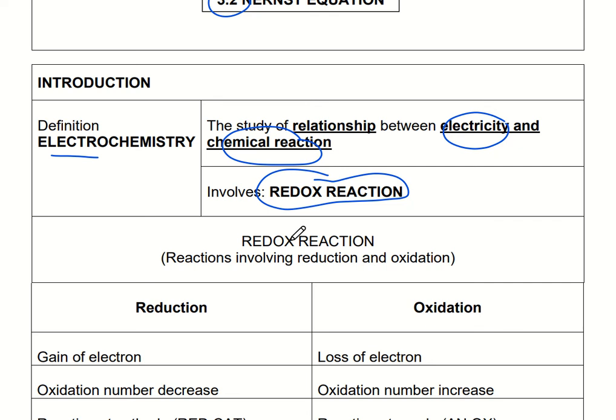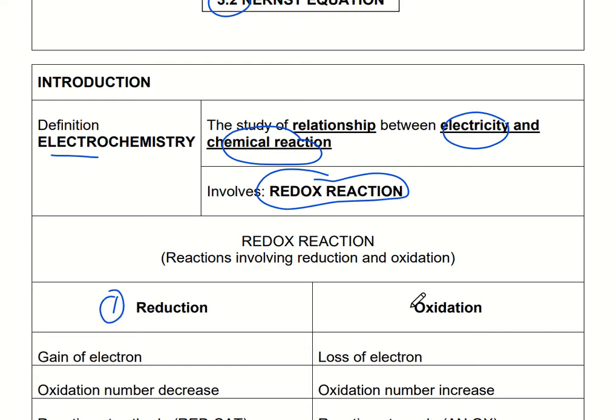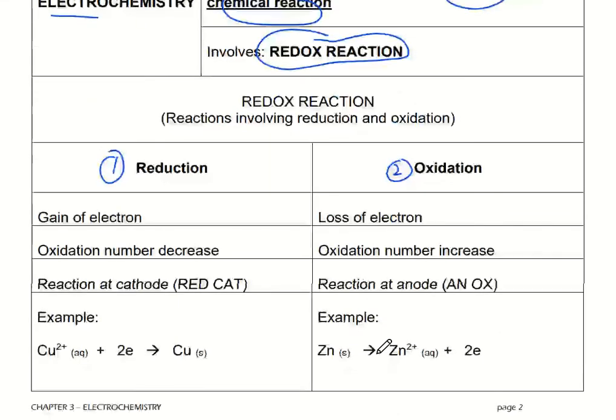I think you have already learned redox during your Form 5. A redox reaction involves two steps: one is reduction, the second is oxidation. Bear in mind, you have to know the characteristics.